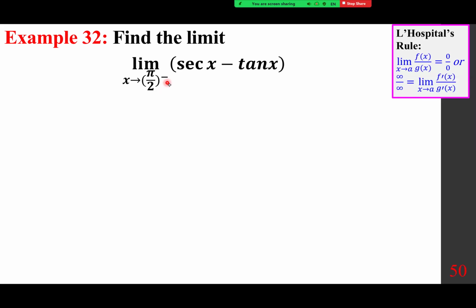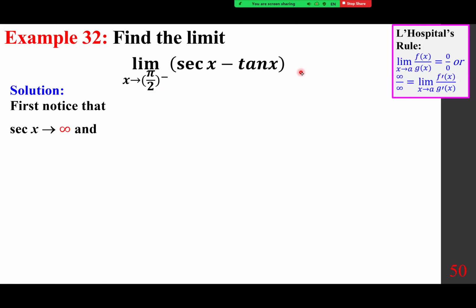Imagine pi over 2 is 90 degrees, so pi over 2 from the left is like 89 degrees. So it's positive, okay, class? So positive infinity minus tan x, the same thing. And let's say tan of 89 degrees, close to pi over 2, that's infinity. So this is infinity minus infinity, okay?